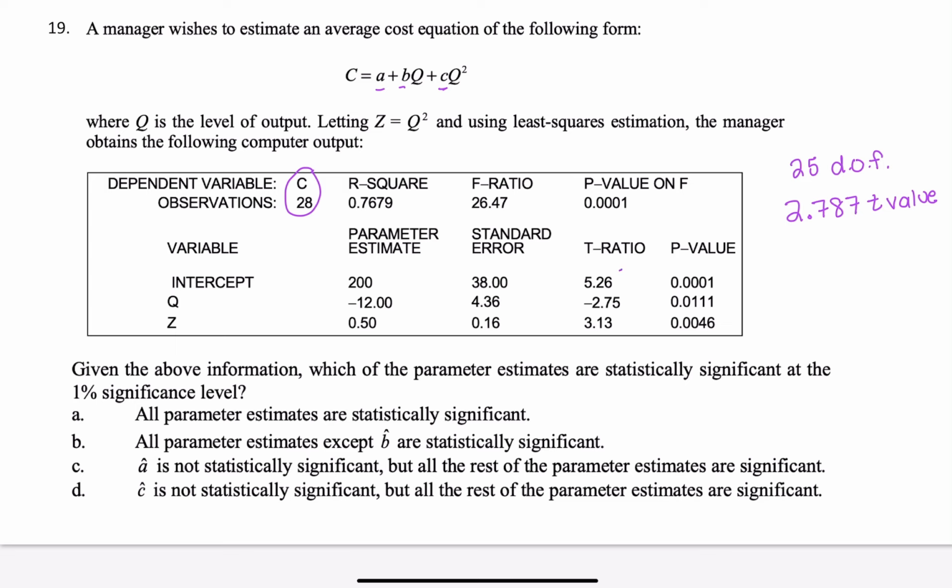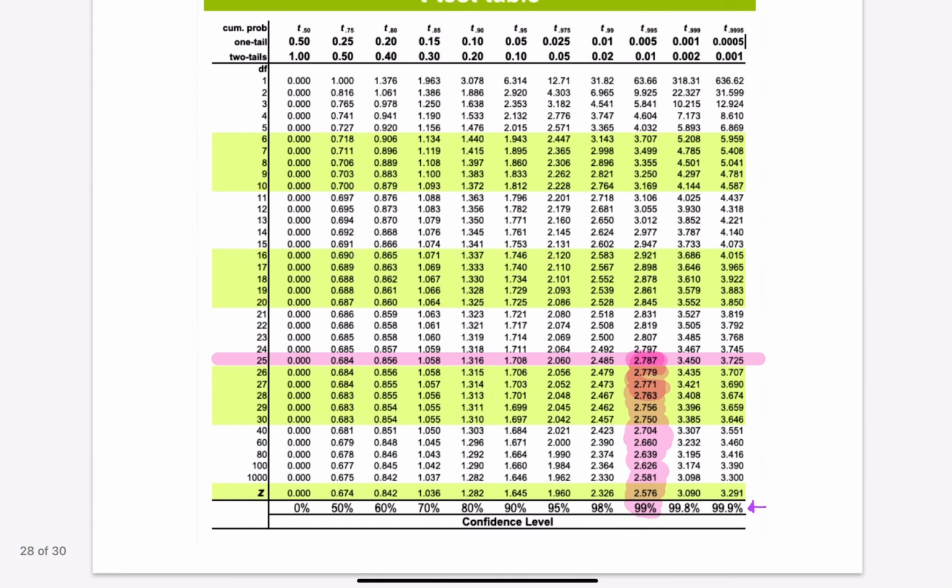And if we look at our t-ratio, we see that our intercept is greater than that. Q is not, even after we take the absolute value, and Z is. So all parameter estimates except B hat are statistically significant. This is where I got the 2.787.